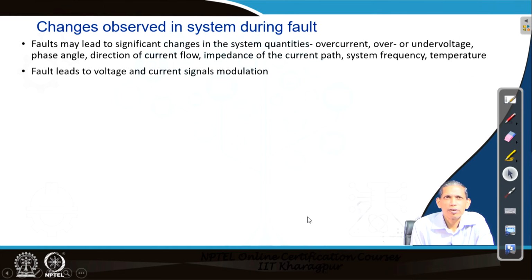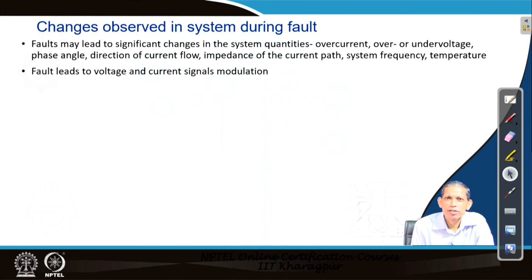In case of a fault, the changes we observe in the system are that the fault may lead to a large amount of current and a dip in voltage.